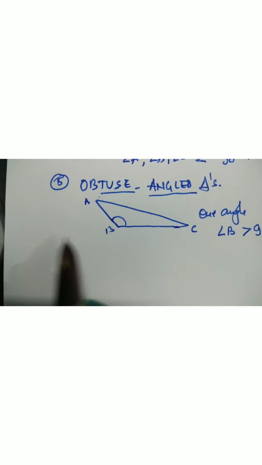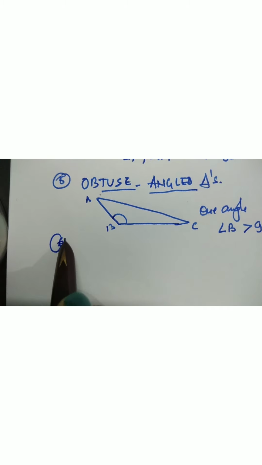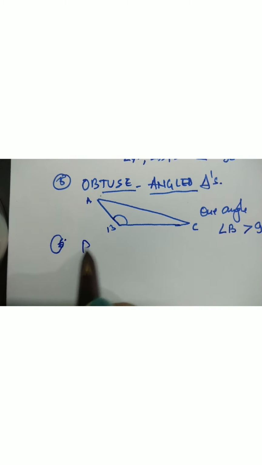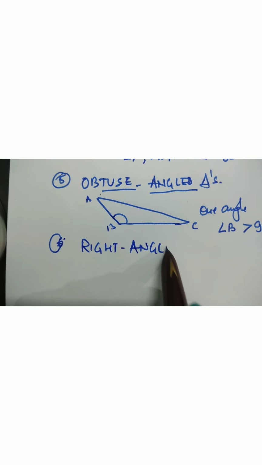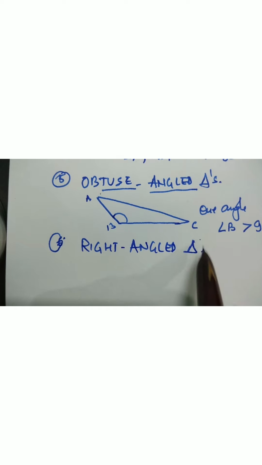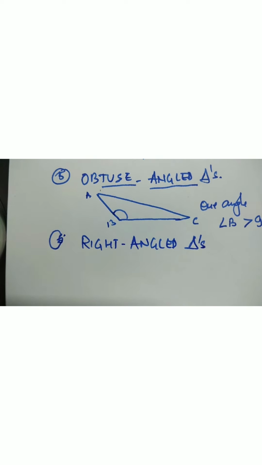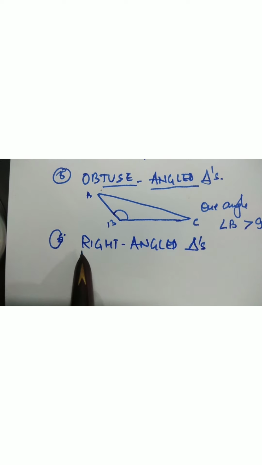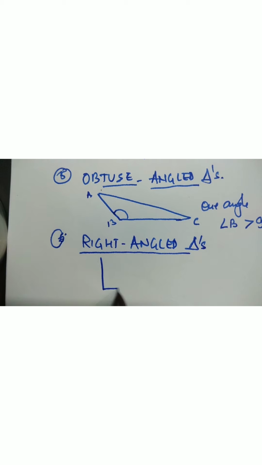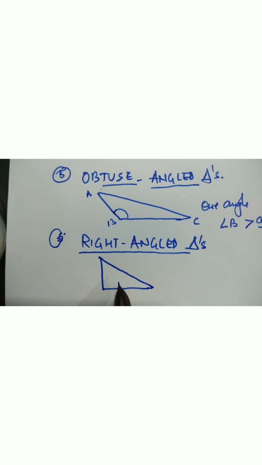Then the last one and the most important one is the right angled triangle. What is a right angle triangle? Right angle triangles are those triangles where one angle is actually equal to 90 degrees. Here you can see that this angle is equal to 90 degrees.